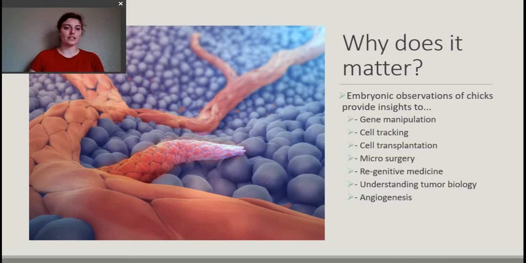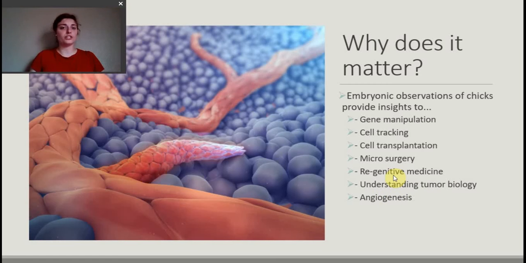What happens if I take the DNA of a cell and I tweak the DNA? How does that DNA being tweaked affect the development of the overall chick? Some other really cool ones: microsurgery, the effects of tiny microscopic surgeries that take place and the influences of them.